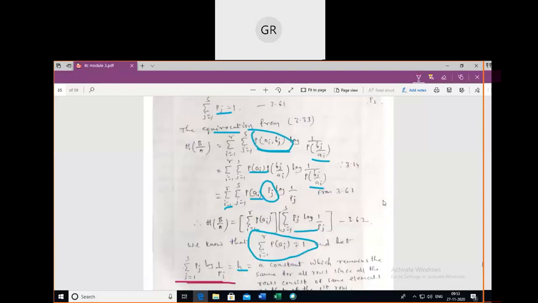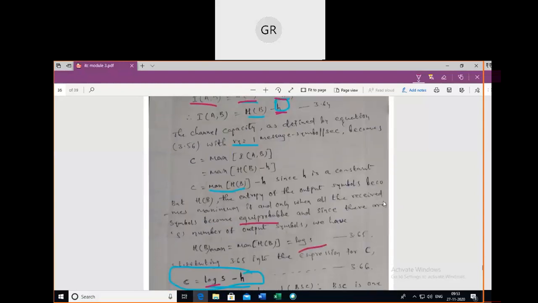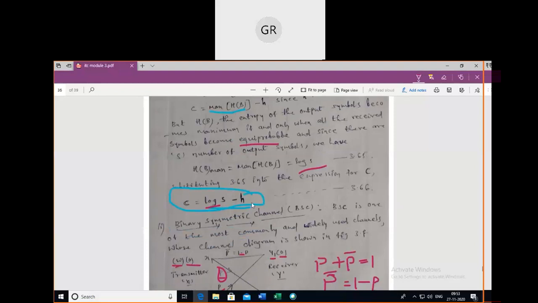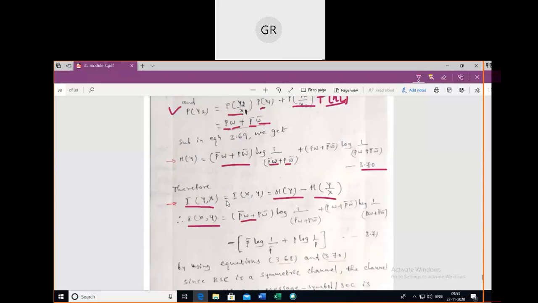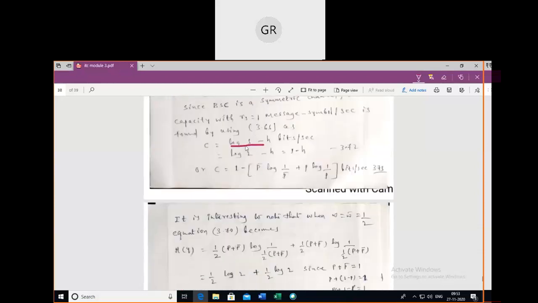That's why its capacity is log of S minus H. What is S? Total number of outputs. How many outputs here? The value is 2, right? Then log of 2 minus H.